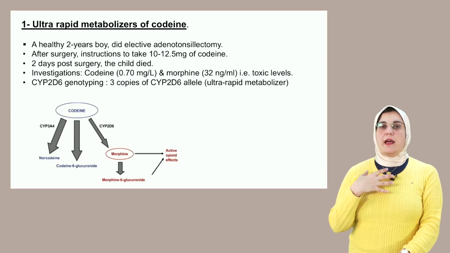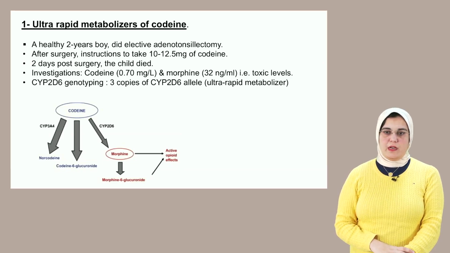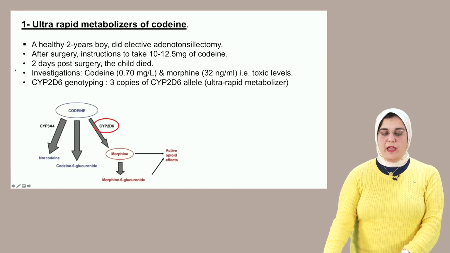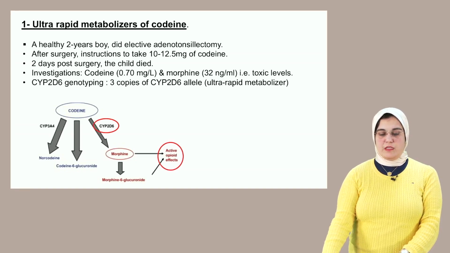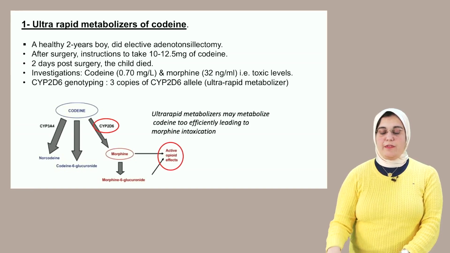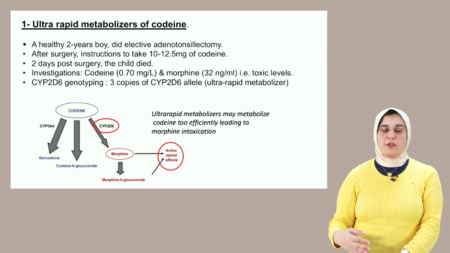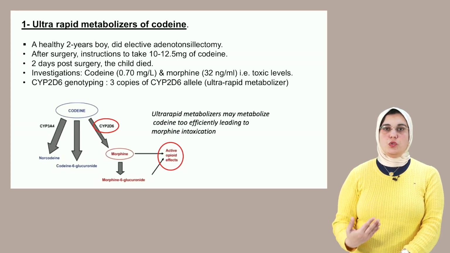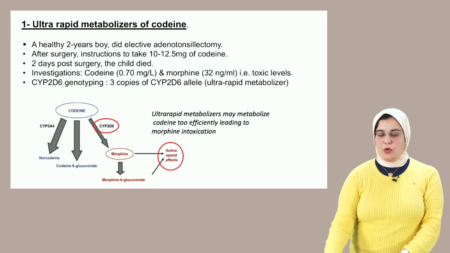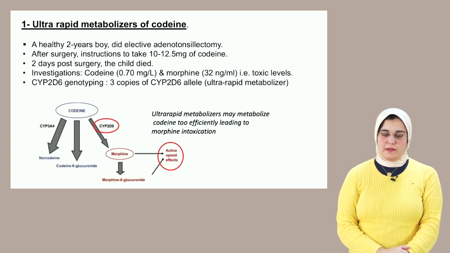So the child cannot breathe, so he died. So when we have extra rapid effect from this enzyme, then we have a very, very high level of morphine which should not be there, and so the child died.